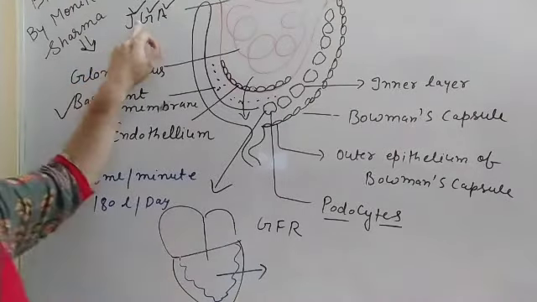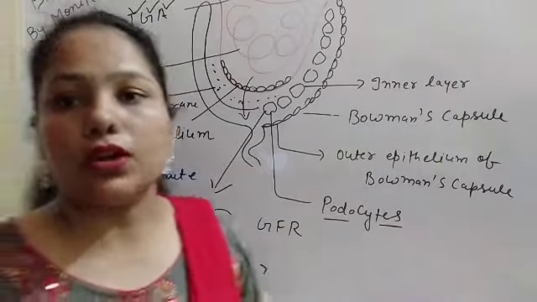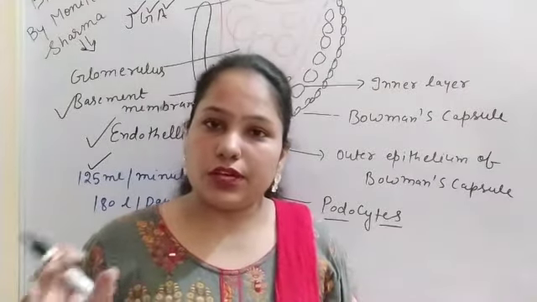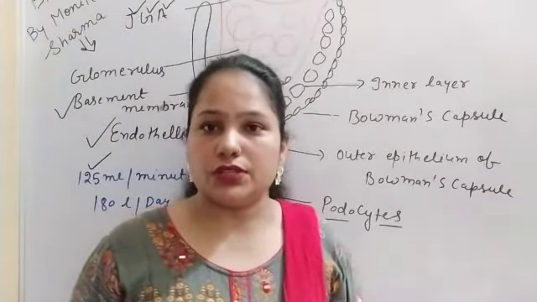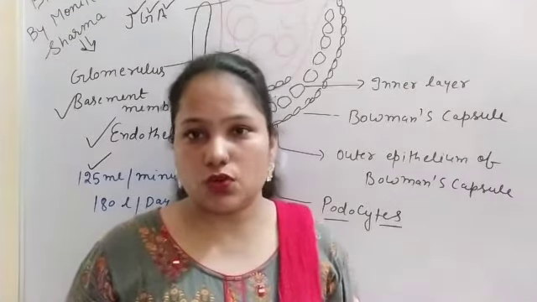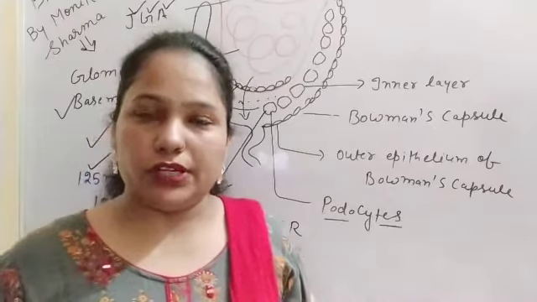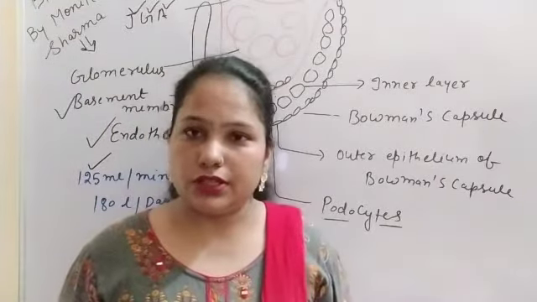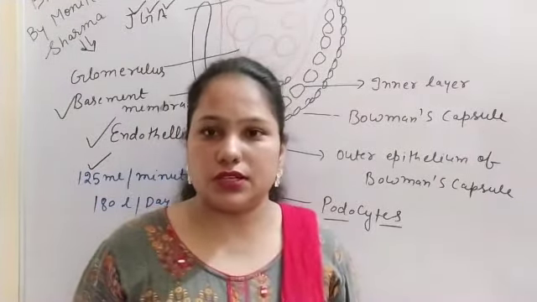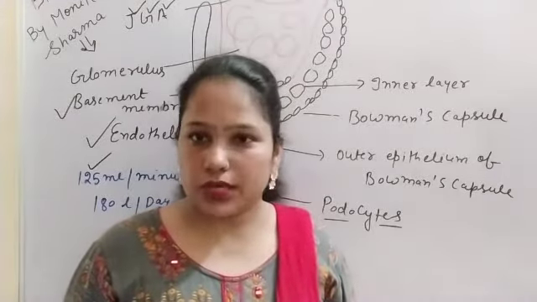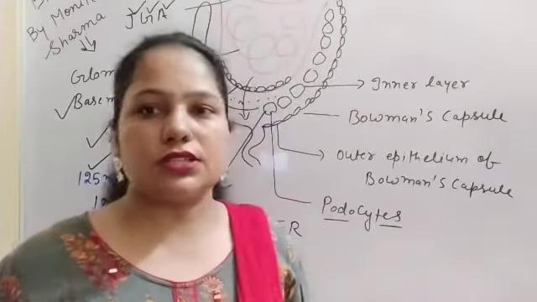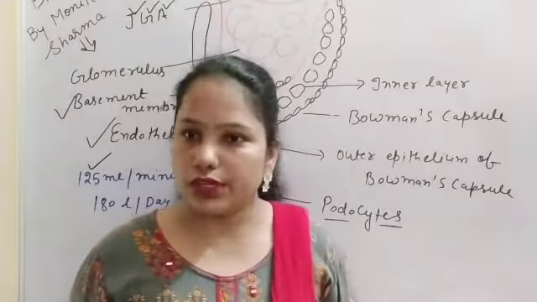It is highly sensitive to a fall in GFR. If the glomerular filtration rate slows down, it is automatically activated, and the juxtaglomerular cells release renin and the further mechanism follows. We will discuss that in the topic of regulation of kidney function.